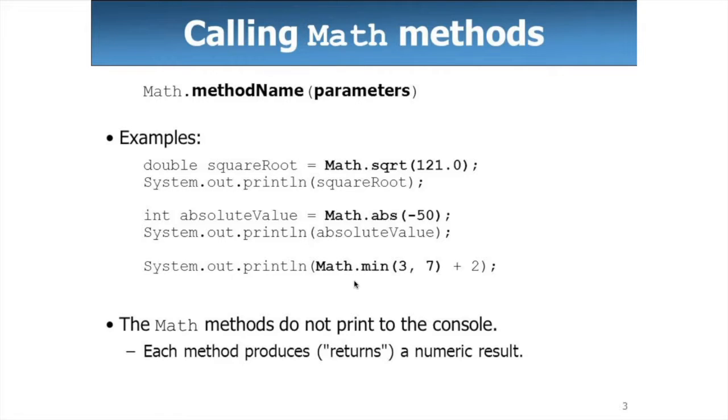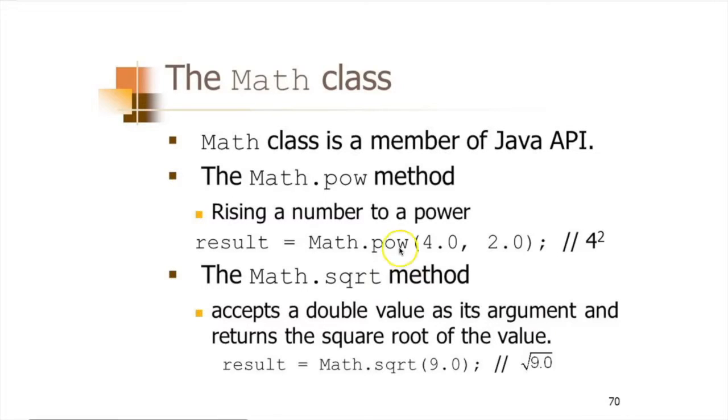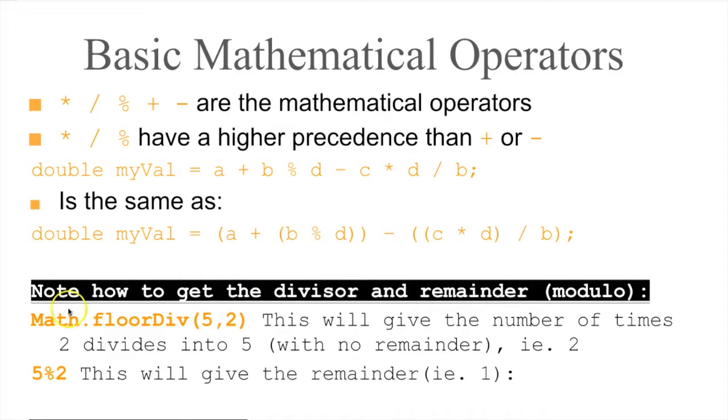But to be honest, programmers don't use all of the different possibilities in the Math class very frequently, and there are additional maths classes you can add in for all sorts of more advanced stuff. We're just going to look at the main stuff for now: maximum, minimum values, square roots, absolute values, perhaps, but definitely to the power of, square root, and these two, floor division and the remainder of a division.